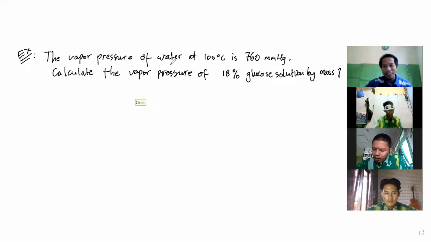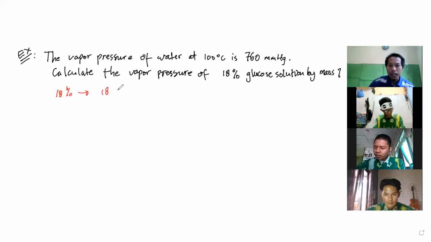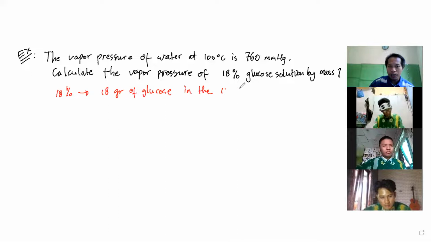All right, I think no one can give us the answer again. Let's solve this question together. This question is telling you it is 18% of glucose. So 18% of glucose means that if I have 18 gram of glucose, then in the 100% solution, 100 gram solution, isn't it?